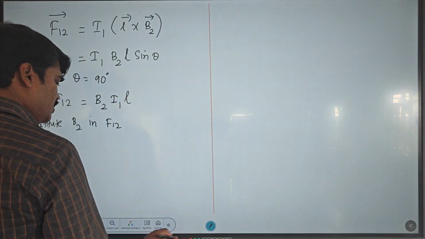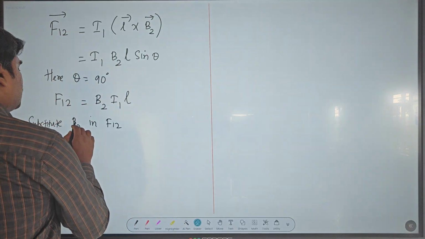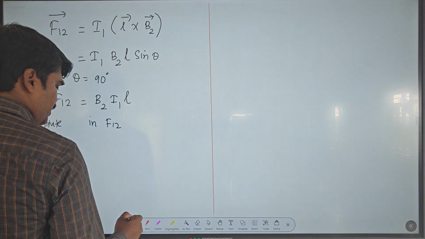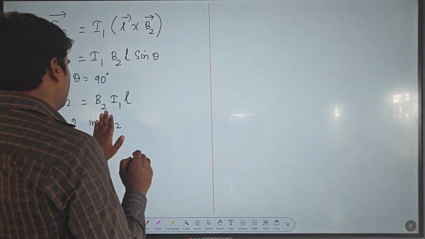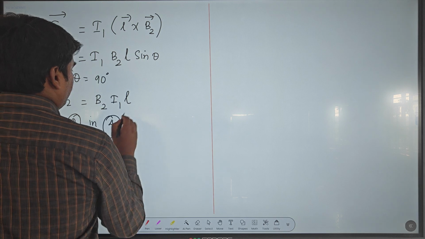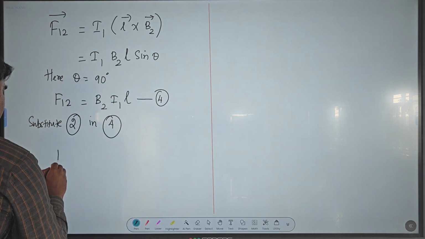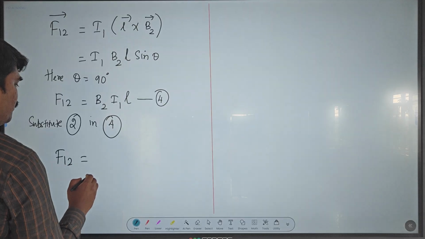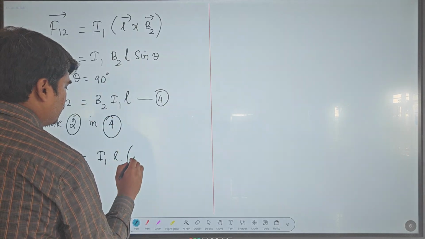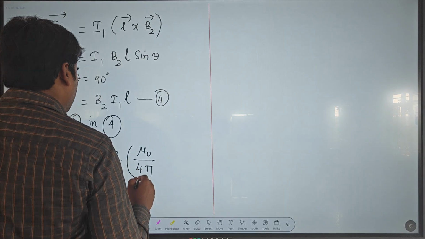If you want to follow the same method, we can just write substituting equation 2 in 4. So this is equation 4. Then what do we get? We get F12 equal to I1 into L. Substitution is being done. So this is mu naught by 4 pi.